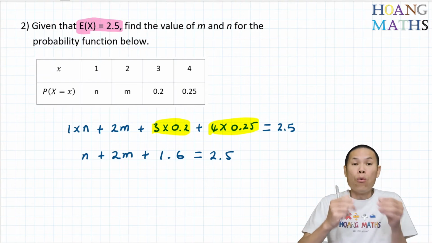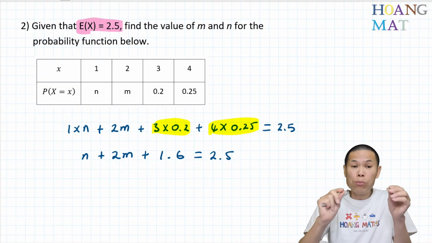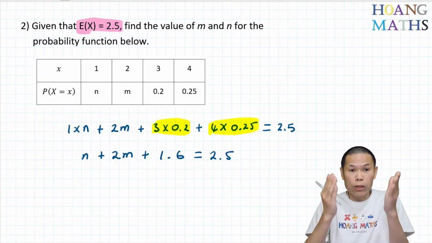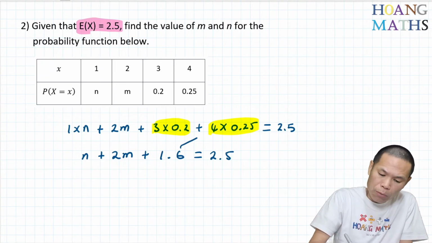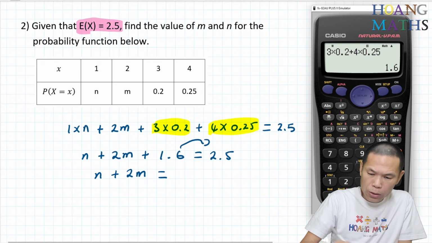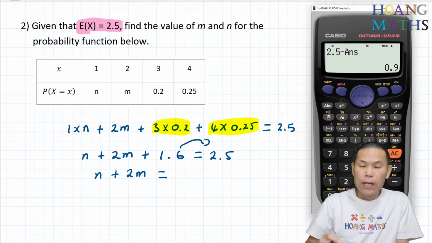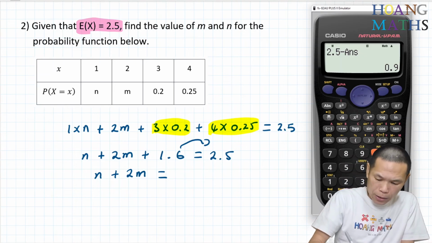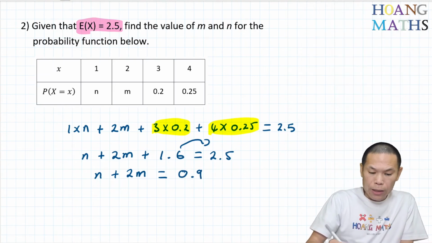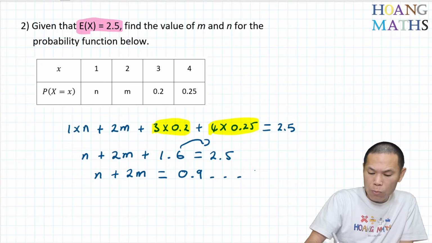Now I just move 1.6 to this side, so that becomes minus. So this will give me n plus 2m is equal to, so I just go 2.5 minus 1.6, so 0.9. So that is equation number 1. Okay, let's just name this equation number 1.